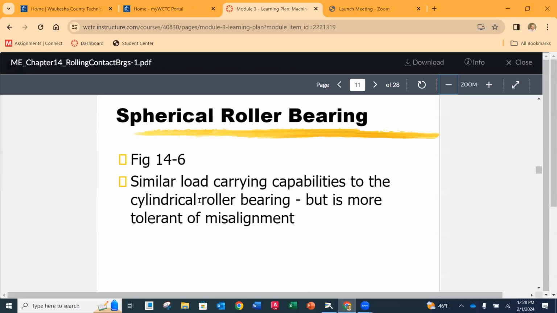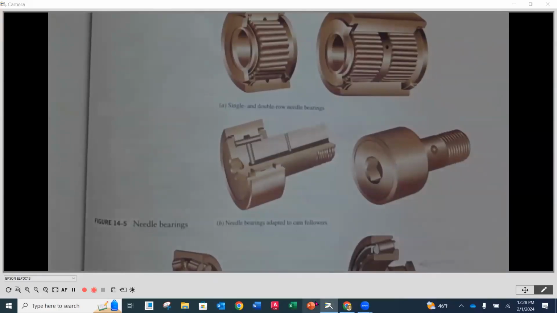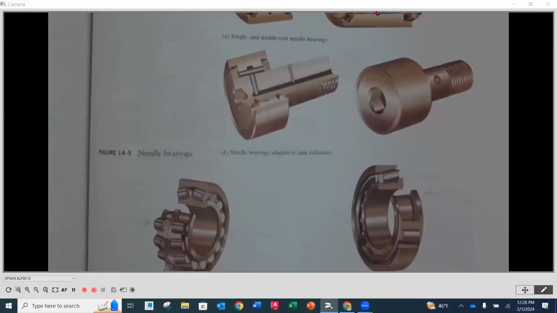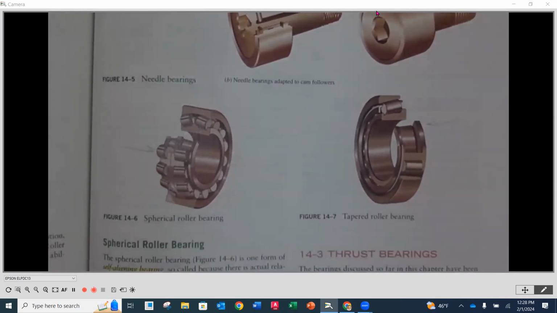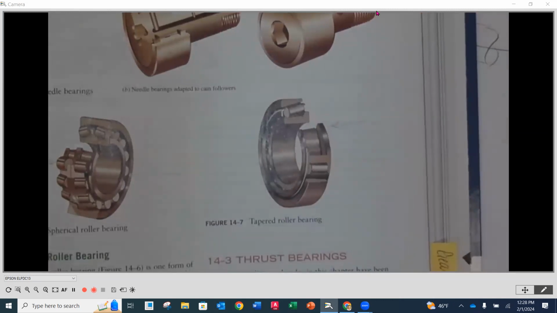Spherical roller bearings are similar in load carrying capabilities to a roller bearing, but they are more misalignment tolerant. If we go back underneath here, these are our spherical roller bearings, and notice that they tilt on either side. Taper roller bearings are on this side, and they can also take a side load.